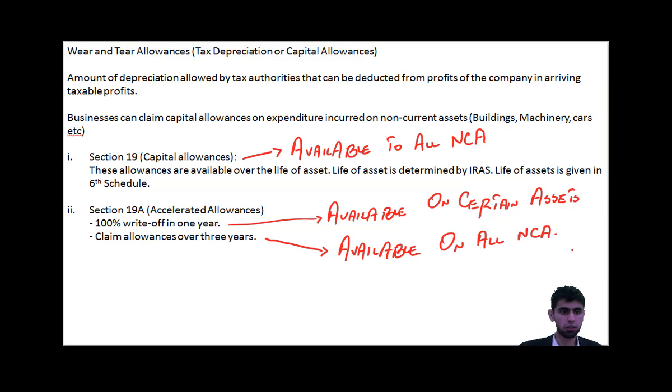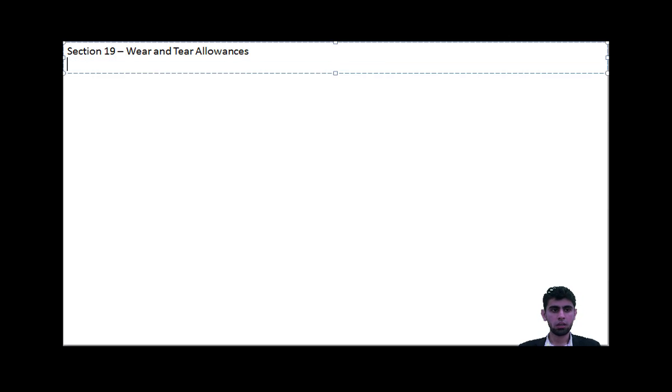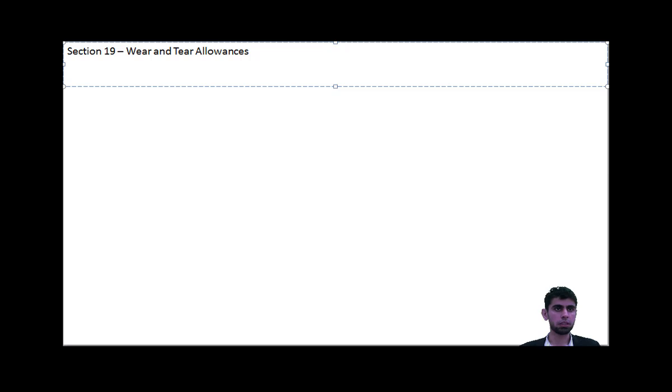Okay, so first of all, I want to cover Section 19, which is capital allowances over the life of the asset. Section 19, wear and tear allowances. Now, first of all, we have to determine what is the cost of asset on which allowances are available.